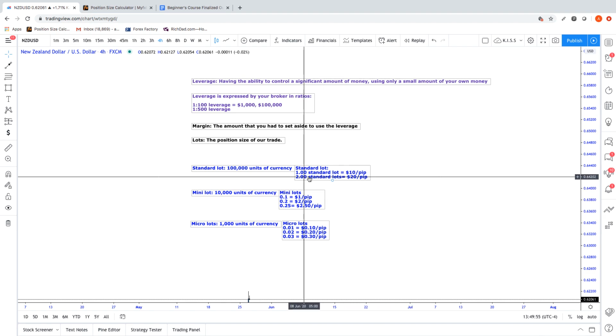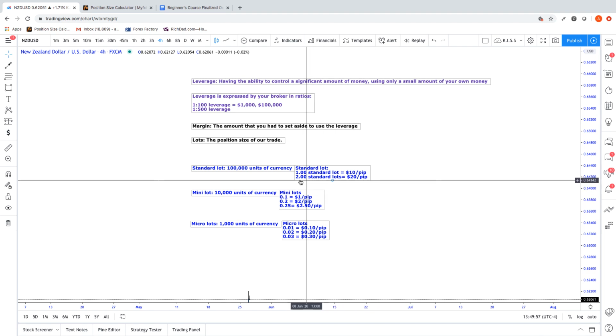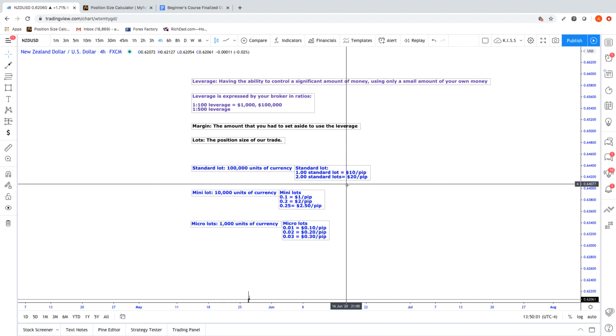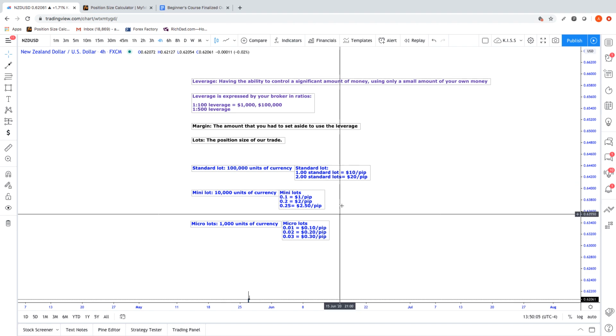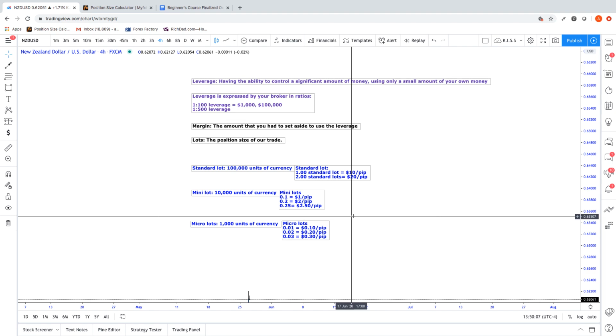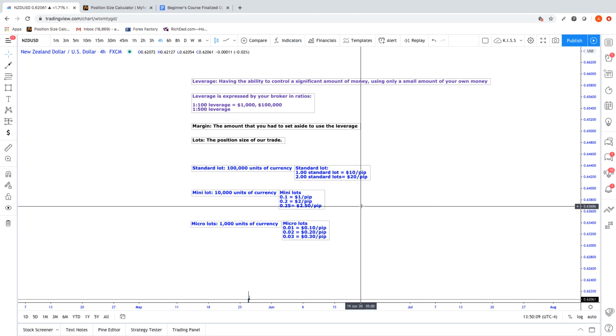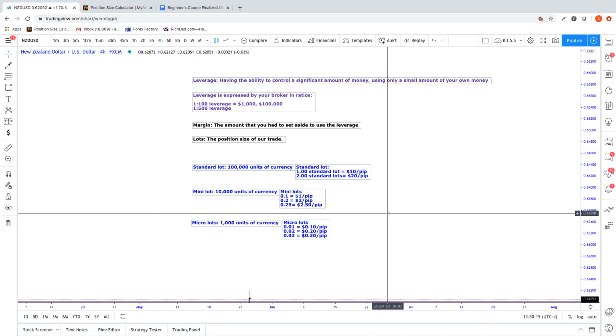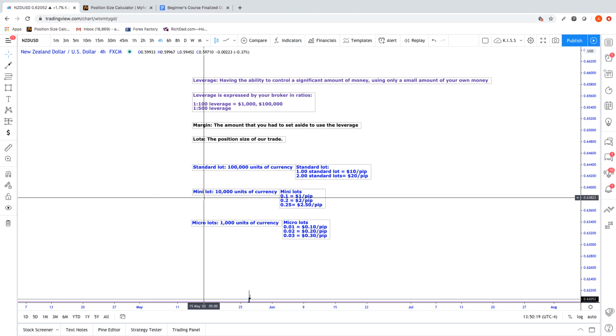2 standard lots, $20 a pip. 3 standard lots, $30 a pip, and so on and so forth. Obviously, the more money you have in your account, the more margin and leverage you have, and the higher the lot size that you can take within your position in the market. Now we're going to step down to the mini lot.